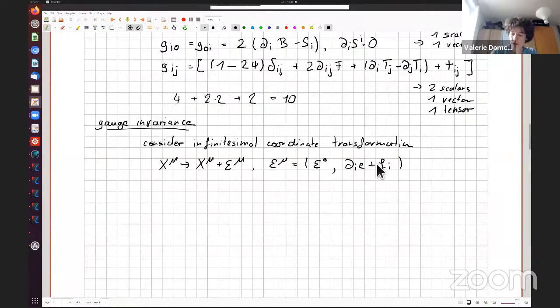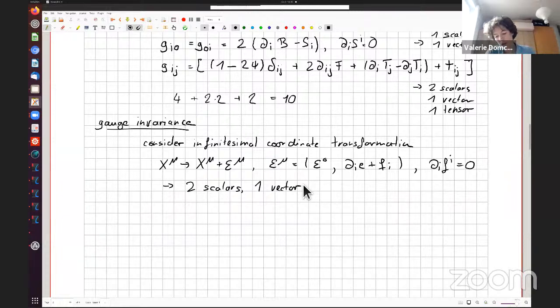Again, we have this condition that ∂_i ξ^i equals 0, which tells us that in this coordinate transformation, we have contained inside two scalars and one vector, which means that essentially we have two scalars and one vector in the system which are not physical, right? But we can essentially go to different bases, and then they will appear to be gone, so they will be gauged away.